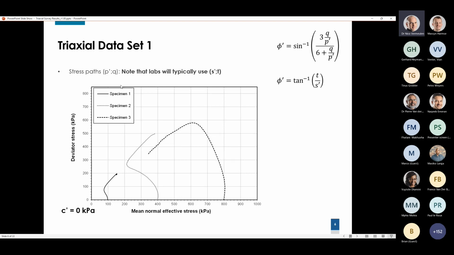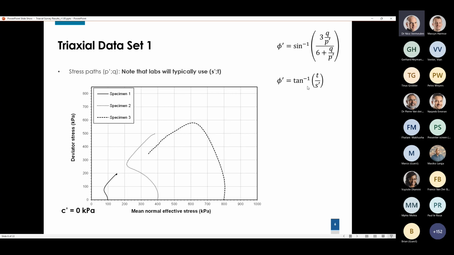But having said that, most of your testing laboratories will report the triaxial test results not in p-q space, but in s and t space. And I think one of the simplest reasons for doing that is if you look at the right-hand side, the equations for calculating the friction angles based on those 2 parameters. If we do the p-q ones, it's quite an involved calculation, whereas in s and t terms, it's a very simple gradient that determines the phi.